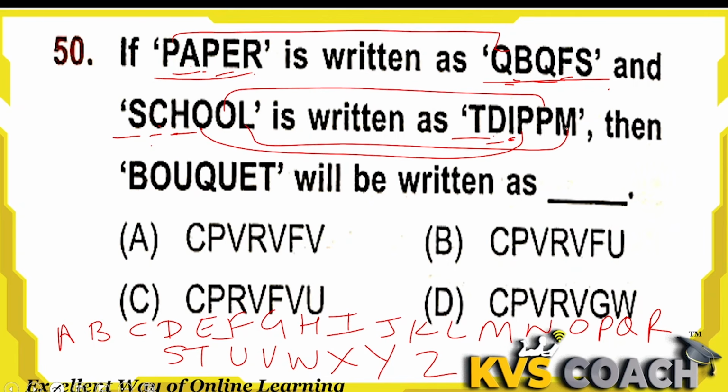And L, the next letter is M. So we will take the next letter of bucket's alphabets. B gives C. After O is P. After U there is V. Q, R, U, V, E, F. So C, P, V, R, V, F, U. B is the right answer here.